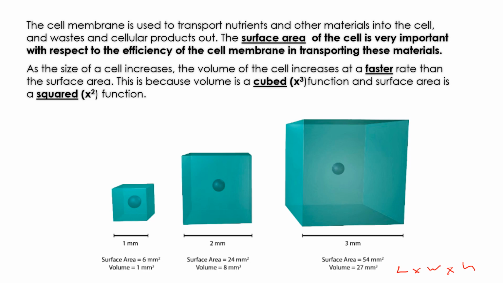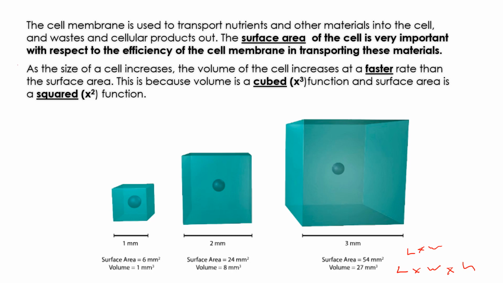It's length times width times the number of sides. The volume gets bigger faster than the surface area. So that means that the bigger the cell gets, its volume is increasing quicker than its surface area, meaning you have more cytoplasm but less membrane to exchange materials through.